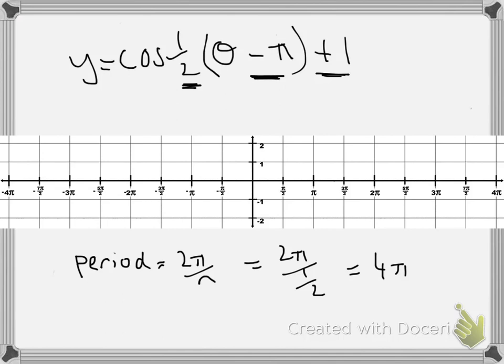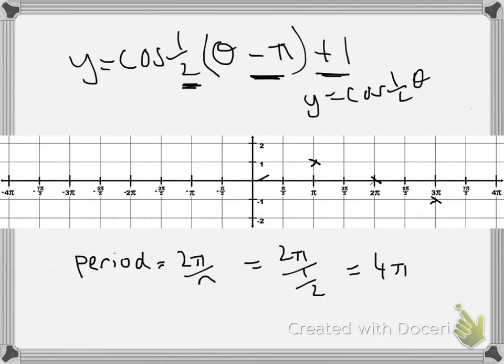So what I think I might just draw first is the simple graph of y equals cos half theta, and then we'll do the shifts after that. So it's got a period of 4 pi. So let's move that in a bit. So our key points are going to be here at pi, at 2 pi, at 3 pi and 4 pi.